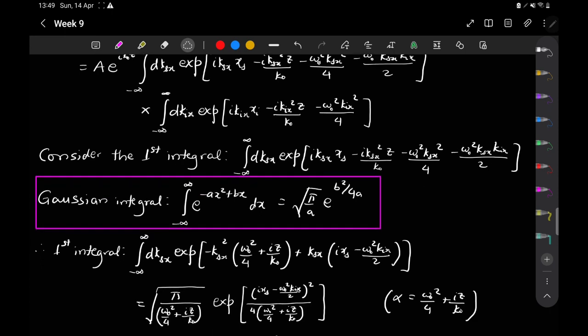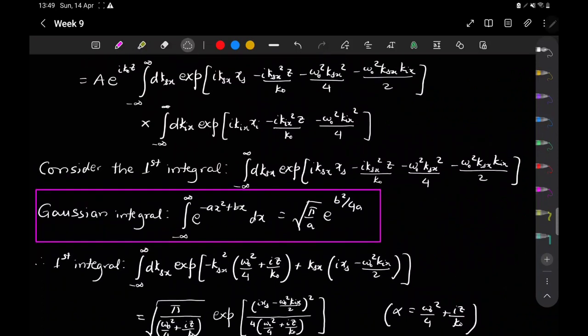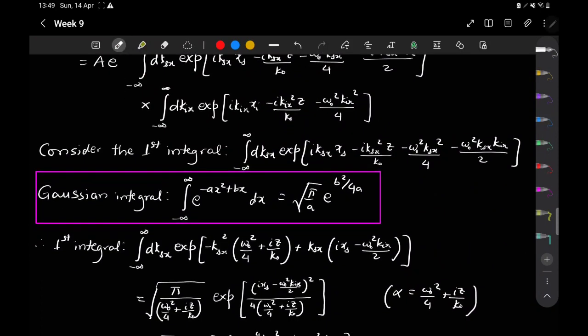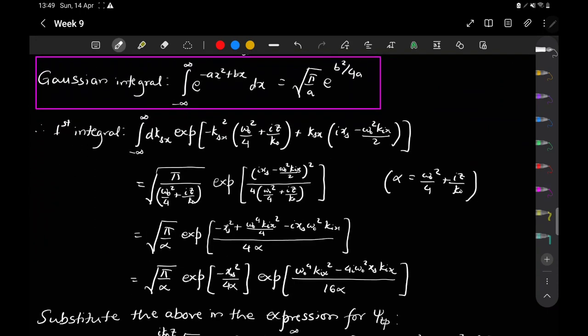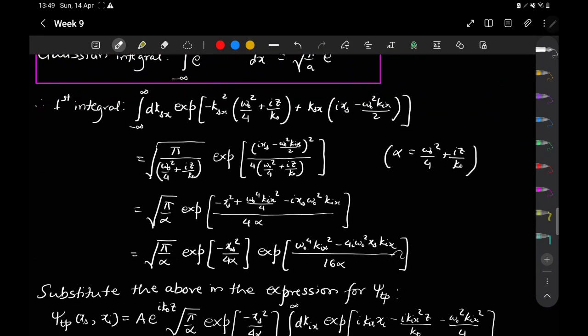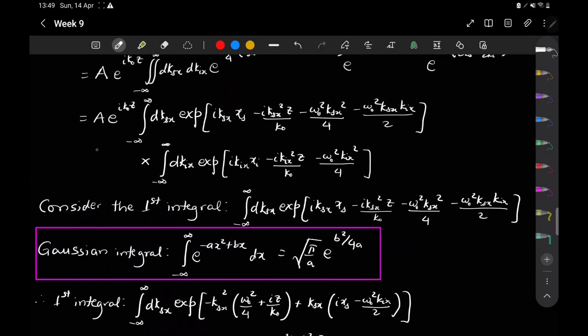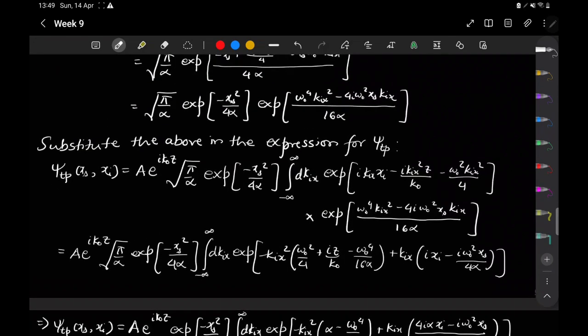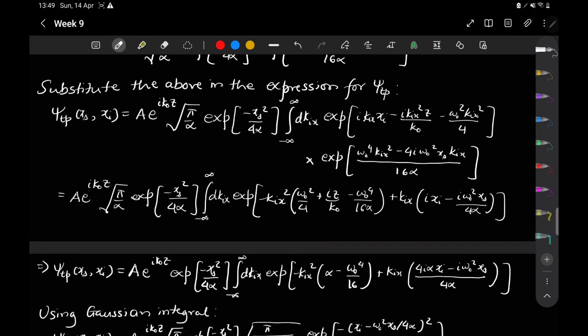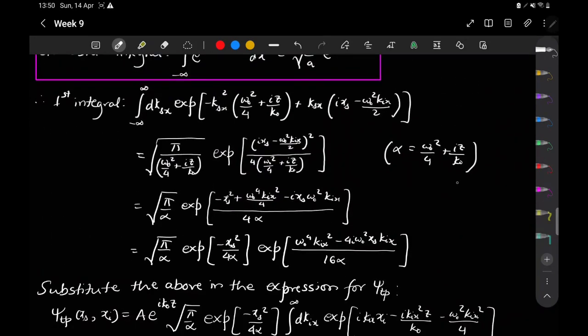So by using this Gaussian integral, the first integral, which is the ksx part, reduces to the following expression after simplification, and then we will put this back again in this expression. So after substituting, we are left with this kix integral, and we have made this particular substitution for alpha.